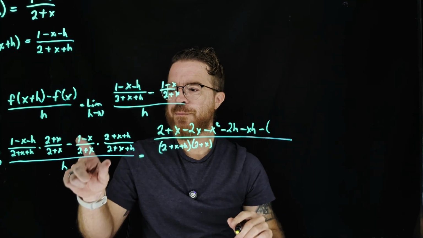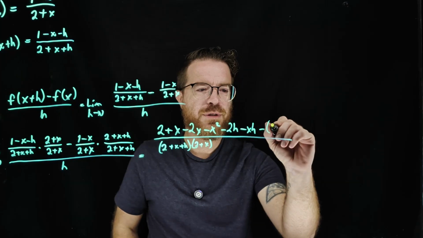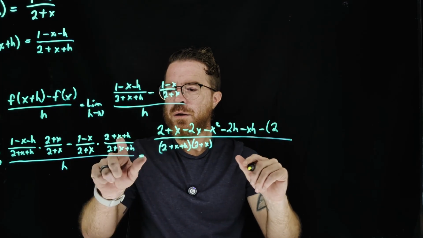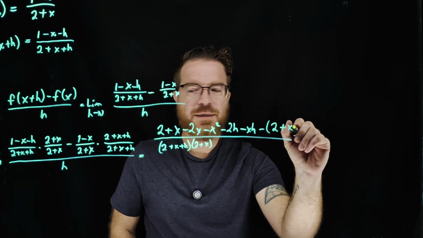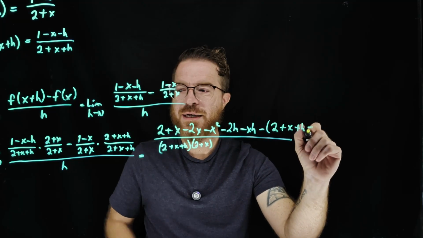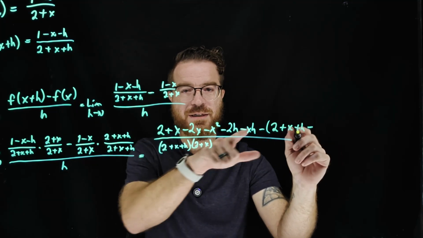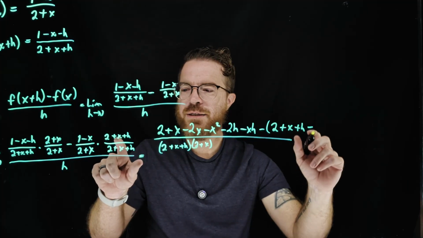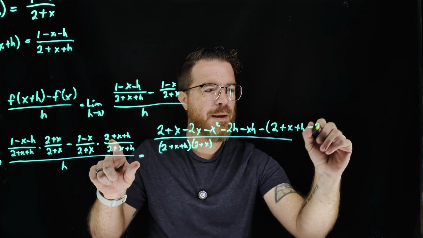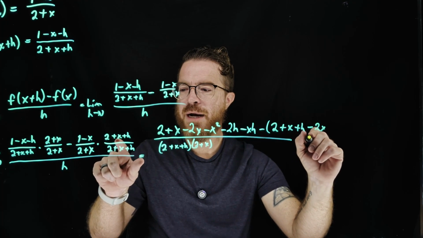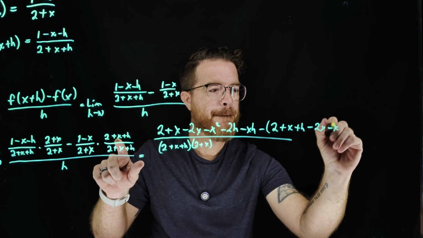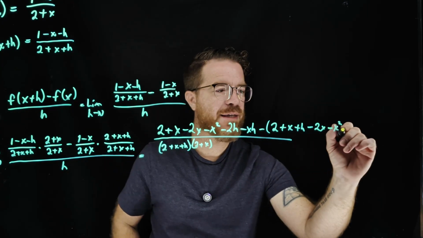We'll distribute it after. 1 times 2, so this is going to be 2, plus x plus h minus, so in this case, it's going to end up being plus, minus x, 2x minus x squared, and then minus xh.